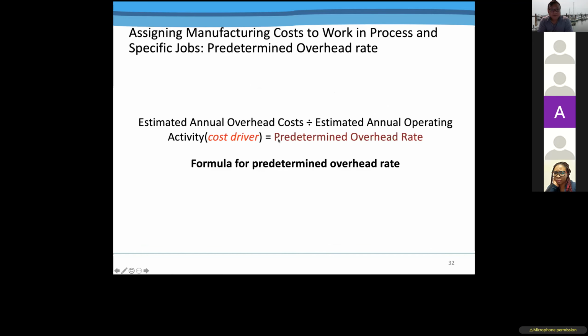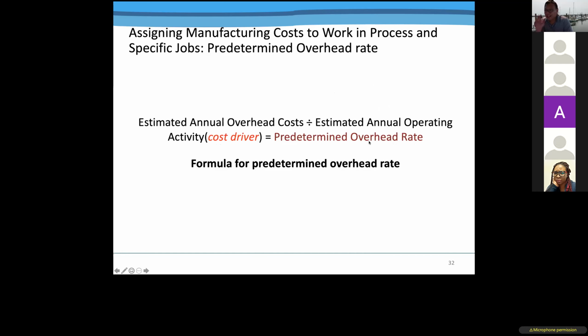Okay, so what is this calculation? How to calculate the predetermined overhead rate? That's the estimated annual overhead costs divided by estimated annual operating activity, which is also called the cost driver. So that is the predetermined overhead rate.